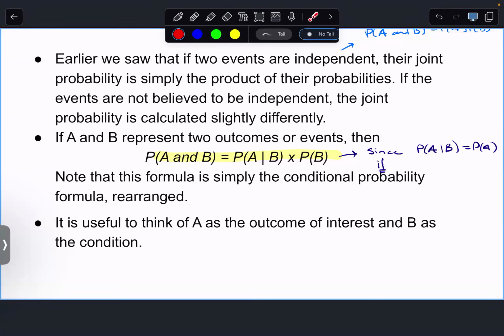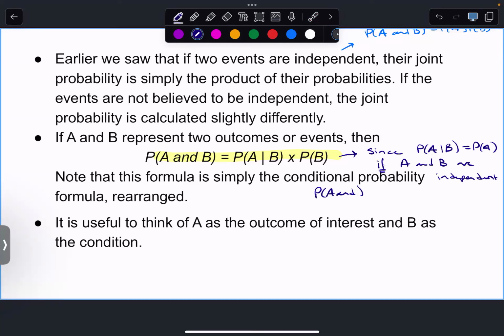So if A and B are independent, then the probability of A and B is the probability of A times the probability of B if they're independent, right?